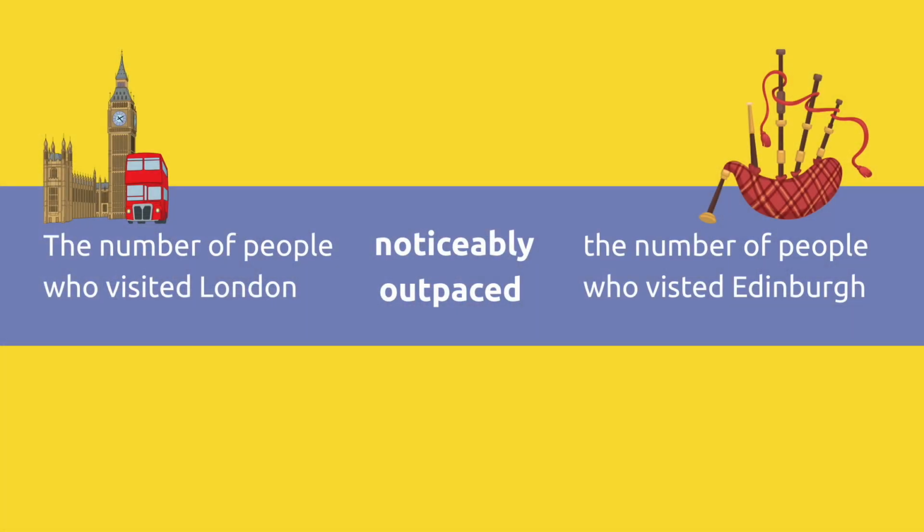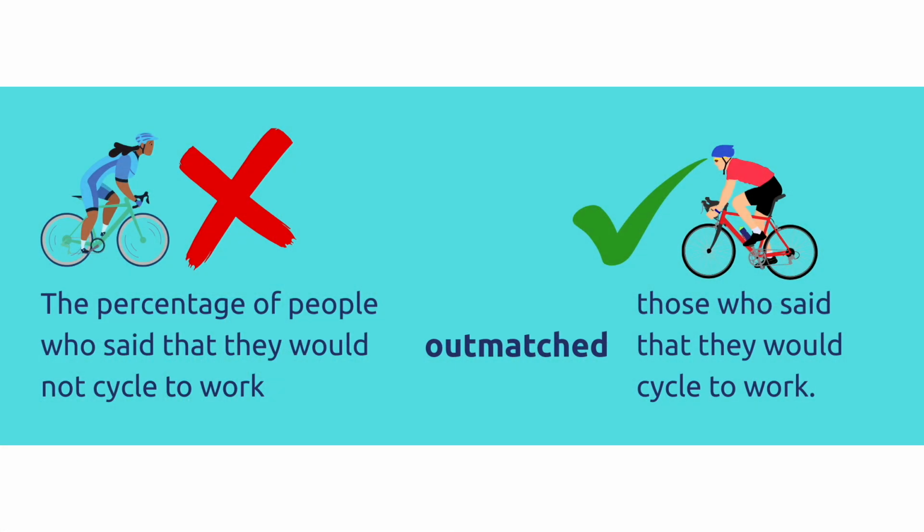The number of people who visited London noticeably outpaced the number of people who visited Edinburgh. And one more example: the percentage of people who said that they would not cycle to work outmatched those who said that they would cycle to work.